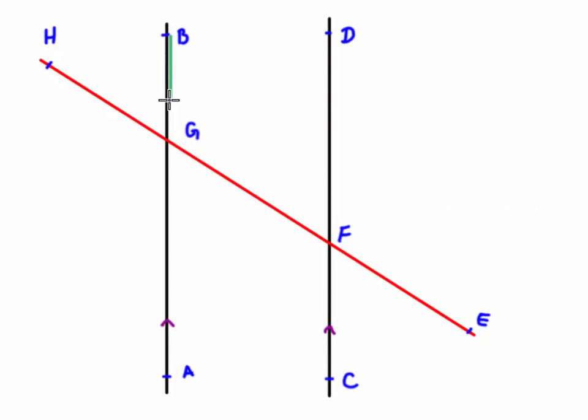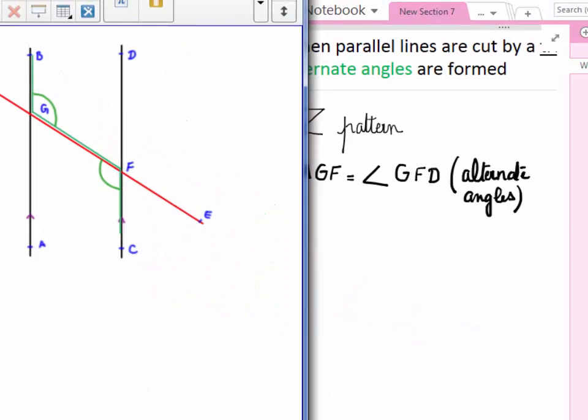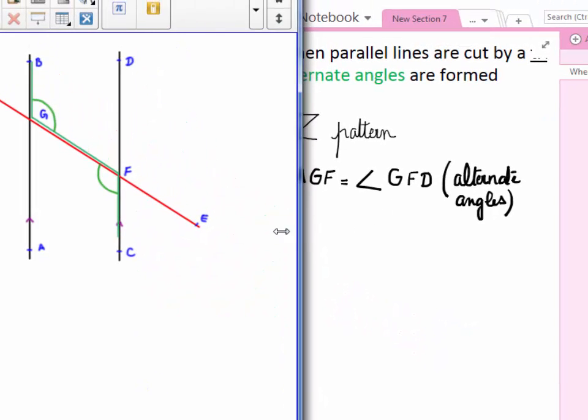If I join BG and after that GF and after that FC, can you see this Z pattern? It forms two angles, this angle and this angle. They are equal because they are alternate angles and they have the Z pattern. So let's go back. How are we going to write that?